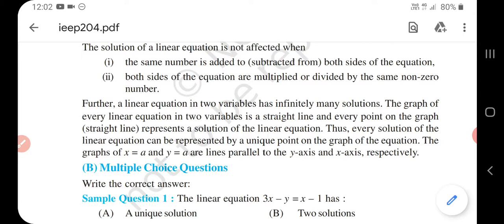The solution of a linear equation is not affected if the same number is added or subtracted from both sides of the equation, or both sides are multiplied or divided by the same non-zero number.